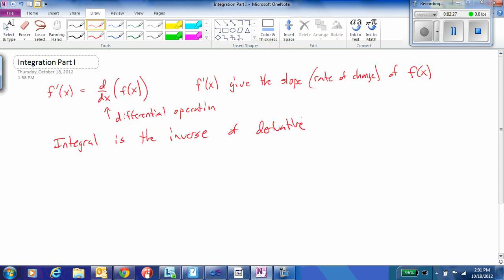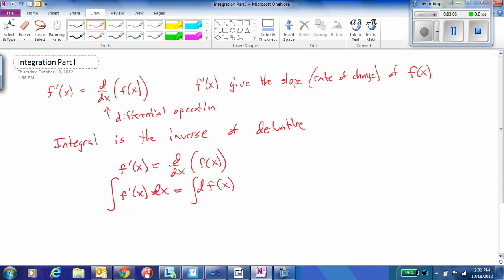The notation is slightly different then. If we look at this particular function that I've written above, and if I write f prime of x equals d dx of f of x, we can multiply through mathematically and rewrite this as f prime of x dx equals df of x. Now, I can do the same operation to both sides of this equation. So I can put in an integral sign on both sides, meaning do the integral operation.